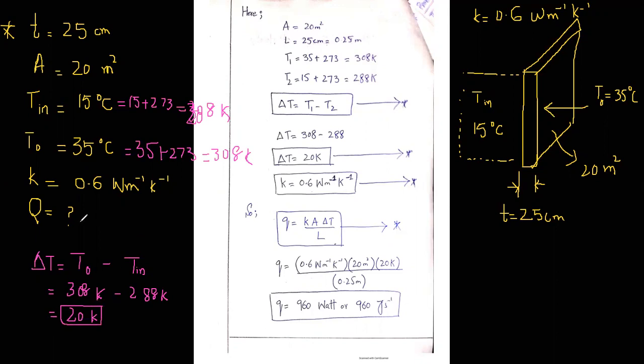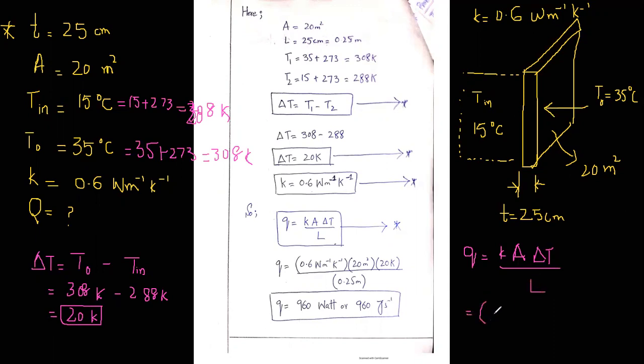Now simply we have to put the values: Q equals K A delta T by length.